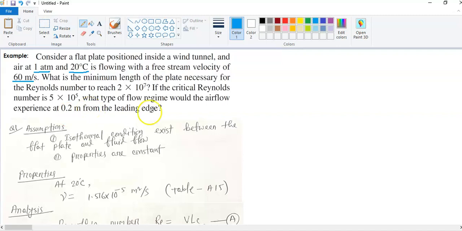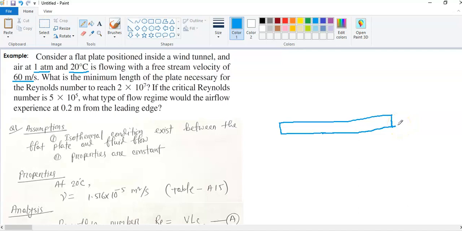So this is not a difficult problem. Let's say, okay, this is the flat plate, and we actually don't know the length. So this is the leading edge, this is the trailing edge.